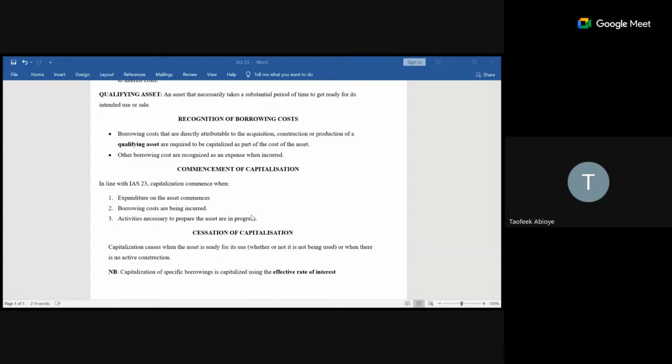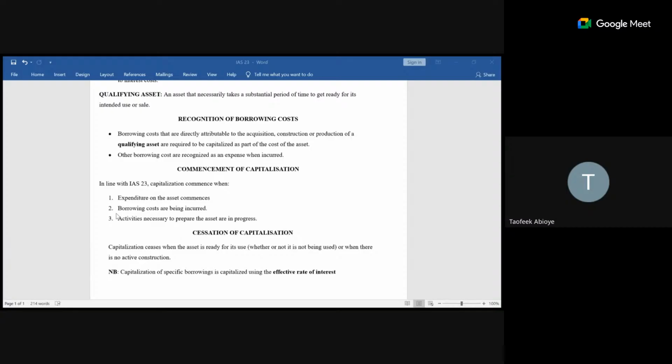The standard says you capitalize when you incur the expenses on the assets. That means, when did we buy that machinery? When did we buy this asset?